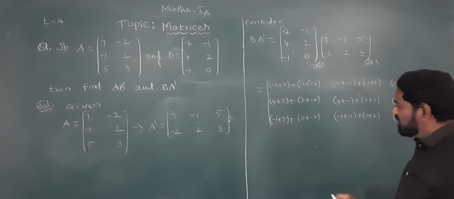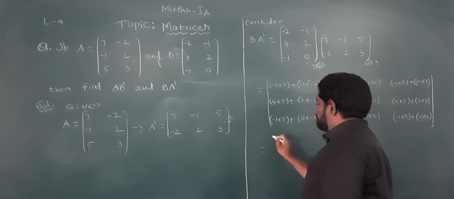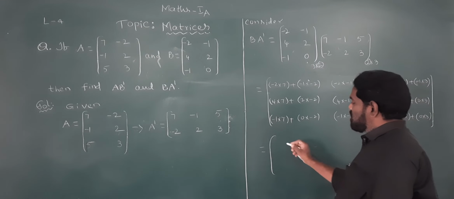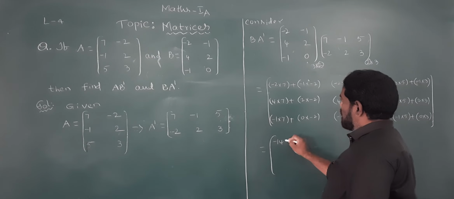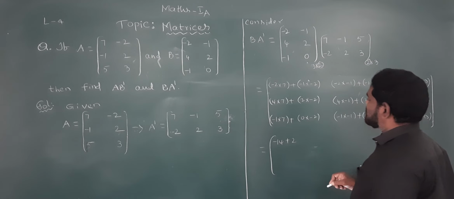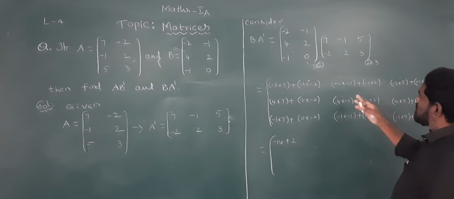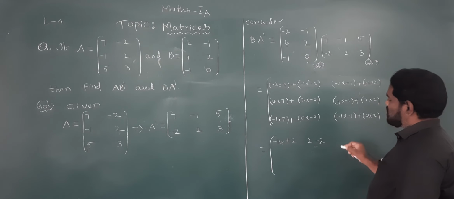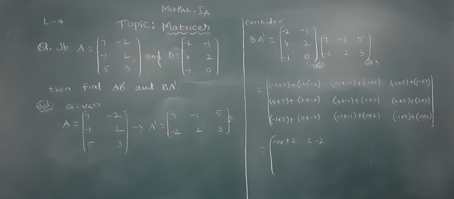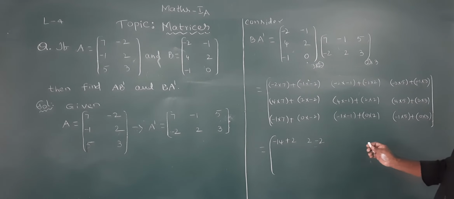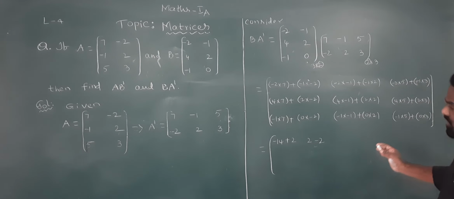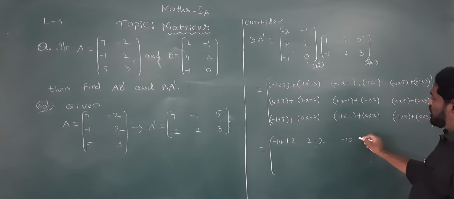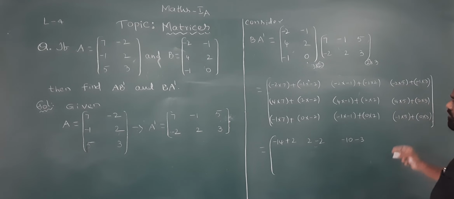Next thing is to simplify it. Minus 2 into 7 is minus 14, minus into minus is plus 2. Next, minus into minus is plus 2, minus 2. Understand? Next, minus 2 into 5 is minus 10, plus minus 3.